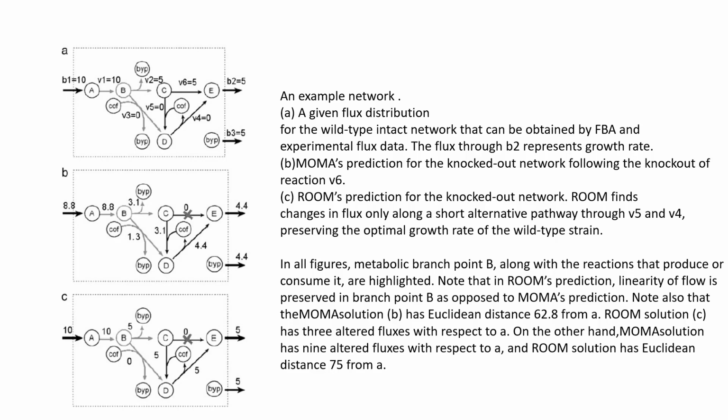If so, then ROOM is a better prediction method. If you're trying to minimize the distance between the wild type and the perturbed or knocked out organism, then MOMA is a better alternative. We'll look into examples in the next classes.